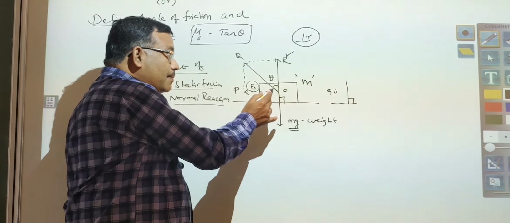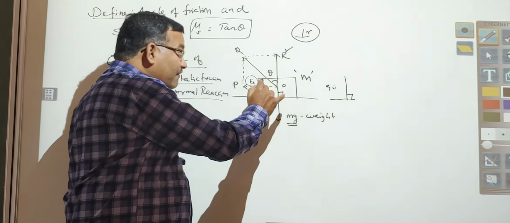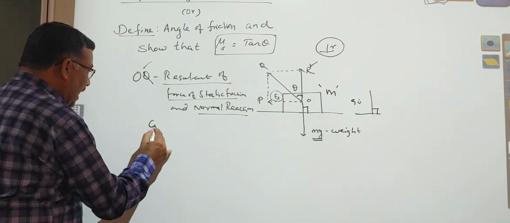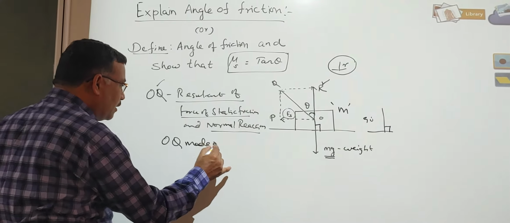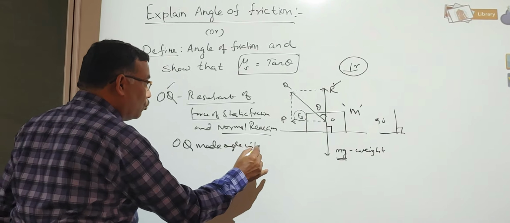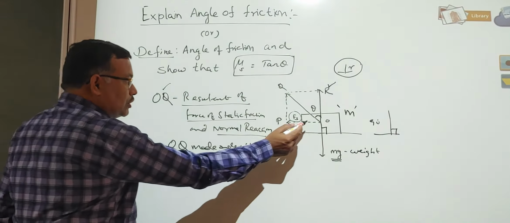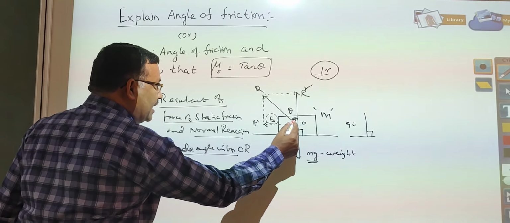The angle made by the resultant of the force of static friction and normal reaction with the normal reaction. That means the line OQ makes an angle with OR.